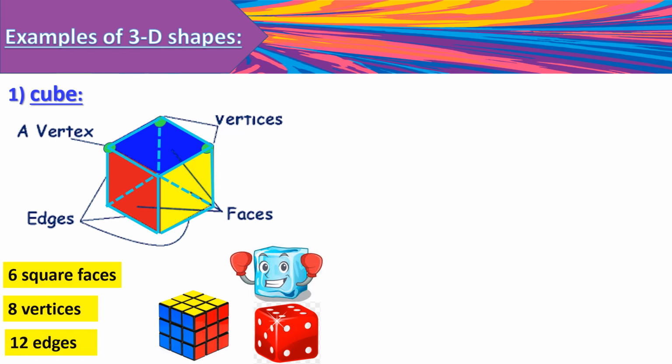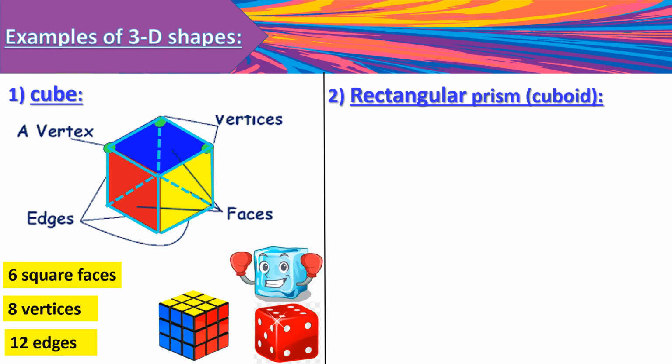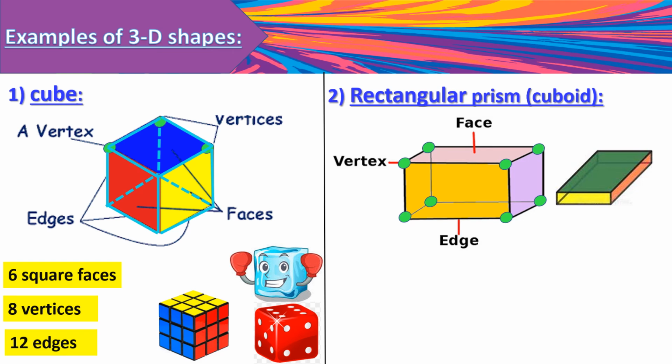Number 2, the rectangular prism. It can be called a cuboid. It's like the cube, but not all of its faces are squares. They can be squares or rectangles.